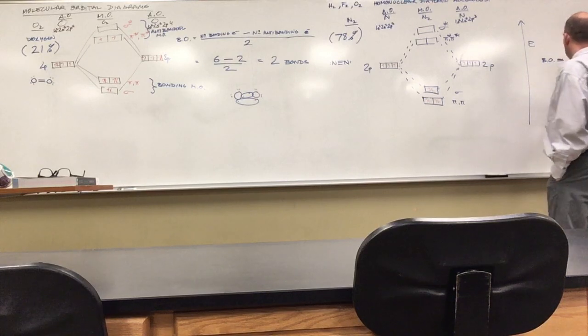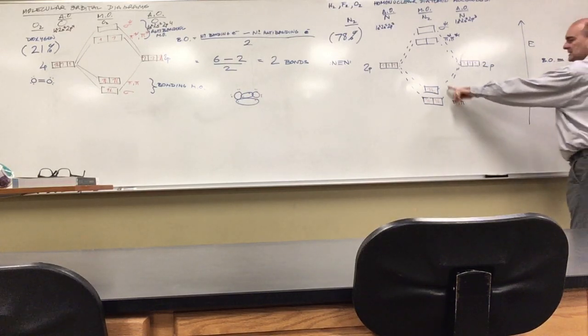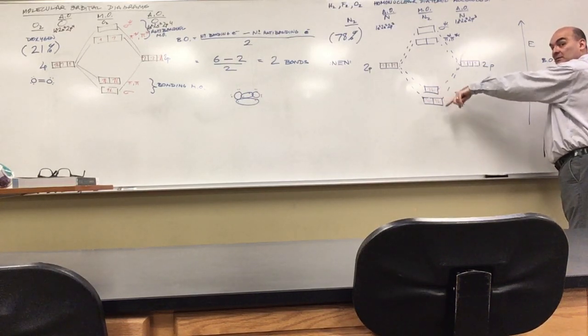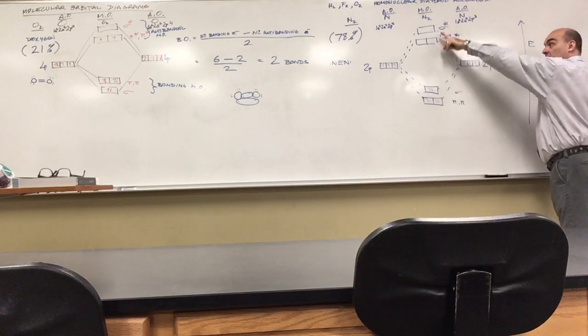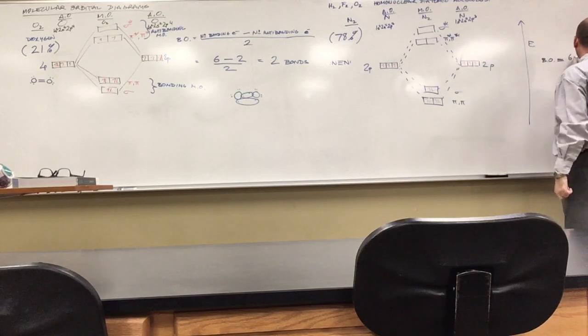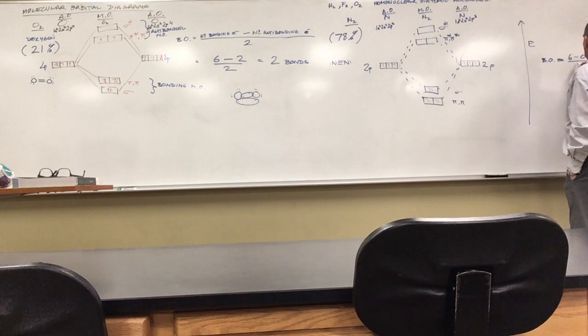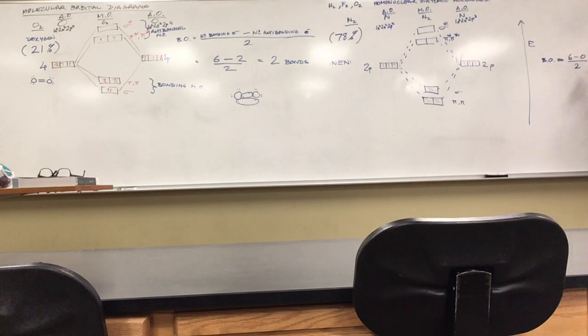6 minus 0. I have 6 electrons in bonding molecular orbitals. I have no electrons in anti-bonding molecular orbitals. All divided by 2 to turn electron count into bond count. 2 electrons per bond. 3. That 3 represents a triple bond.